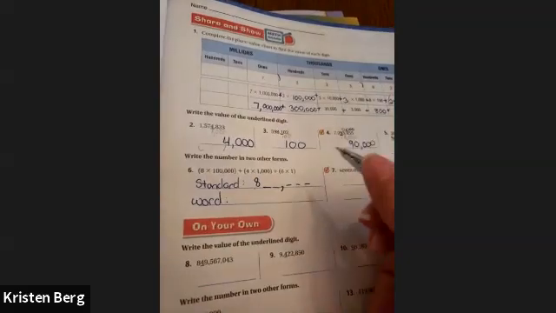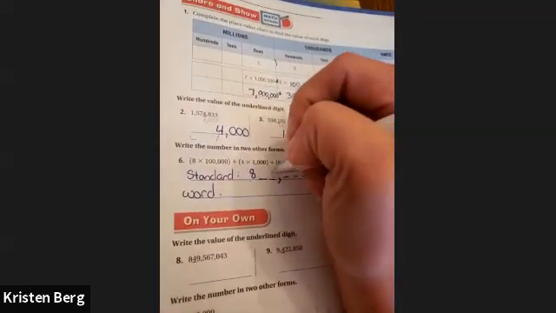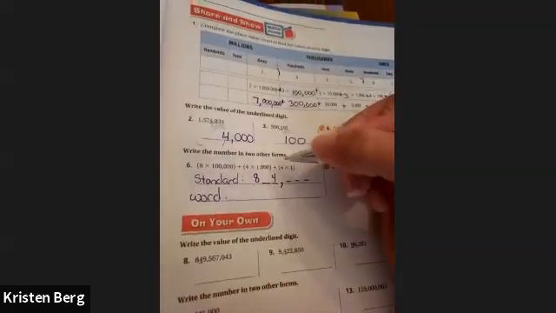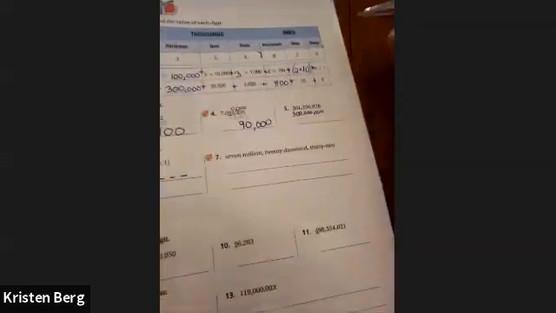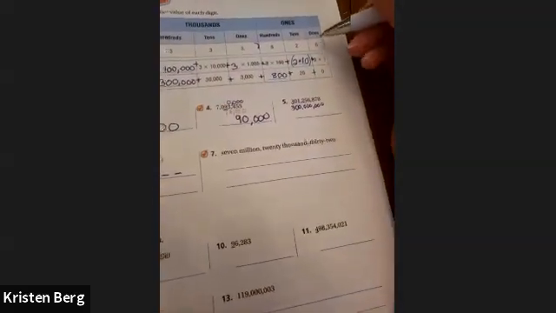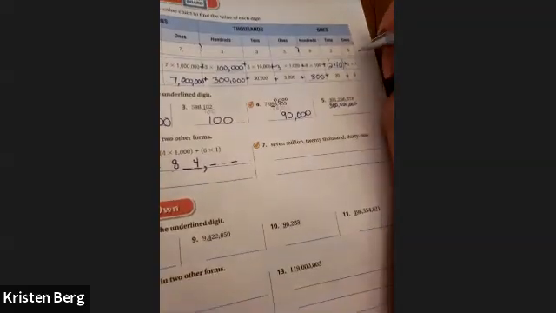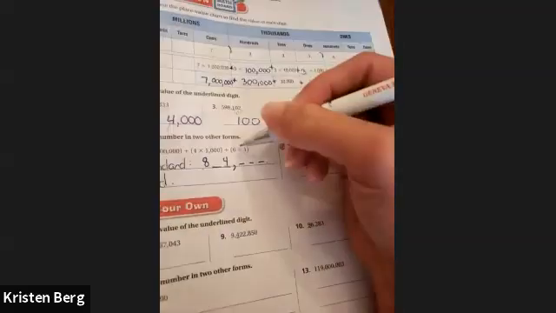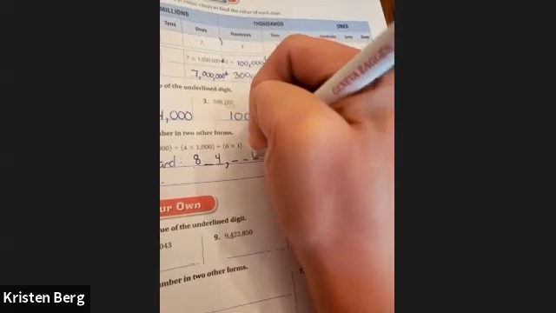So in that 1,000s place, it needs to be a digit 4. And the last thing is a 6 in the ones place. Remember the ones place is the very first one before the decimal.